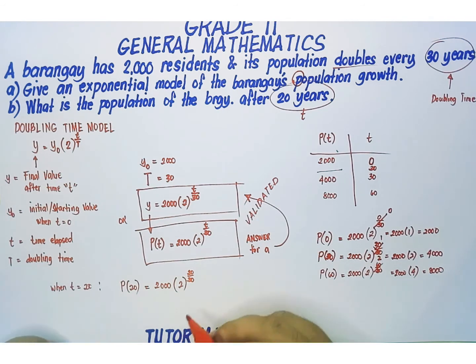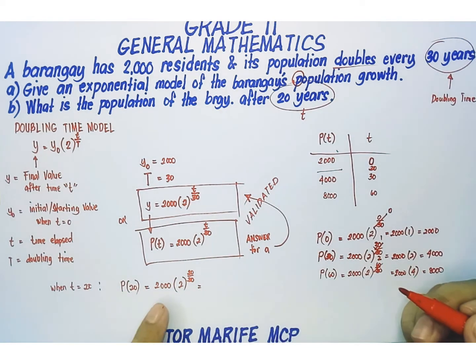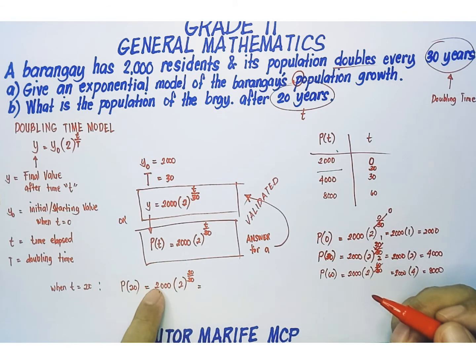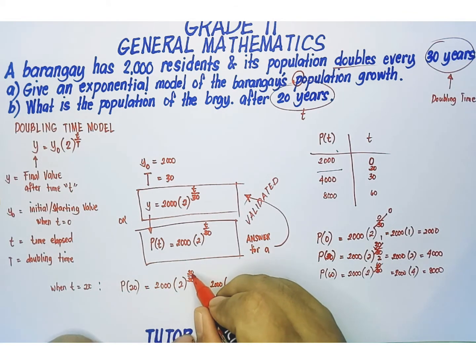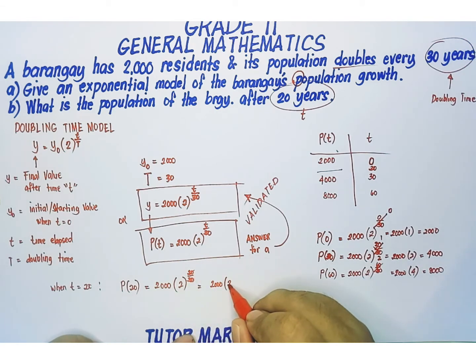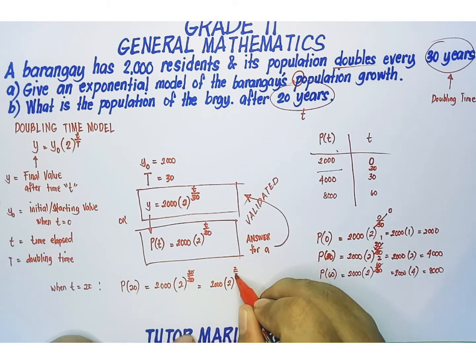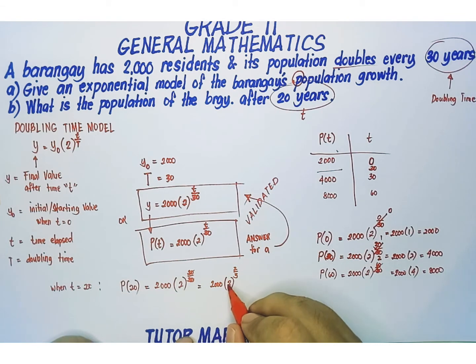Ilabas nyo yung calculator nyo. GEMDAS, you exponentiate before you multiply. So this is 2,000. Simplify natin. The exponent in simplest form is 2/3. What is 2 raised to 2/3?